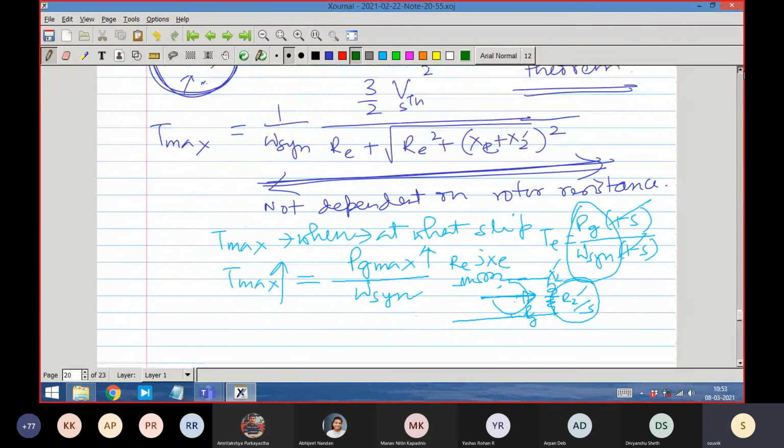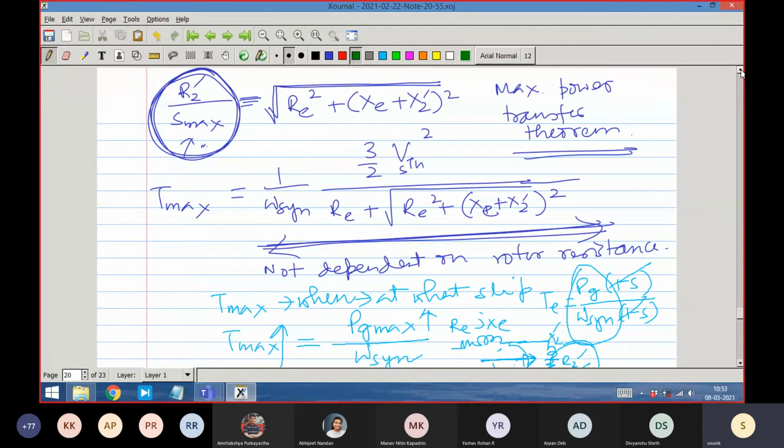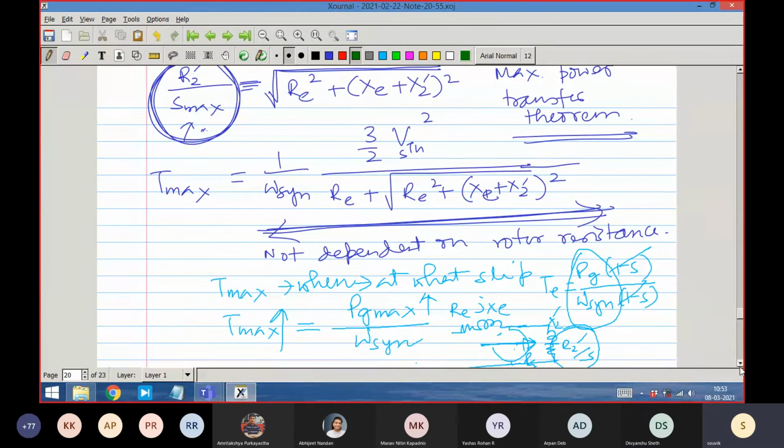Yeah, so this was the expression of the Tmax. You can see that in this expression, omega sin has changed. If omega sin has changed, I do a trick: I change omega sin, but along with that I change the VTH as well. So this expression is becoming.